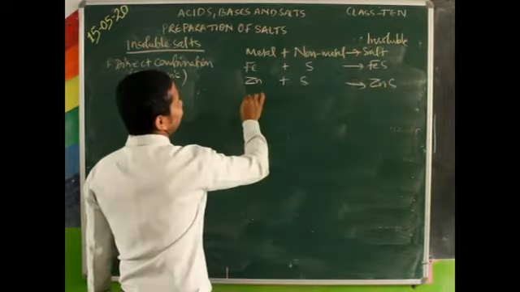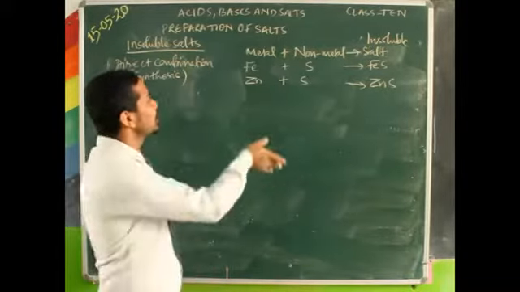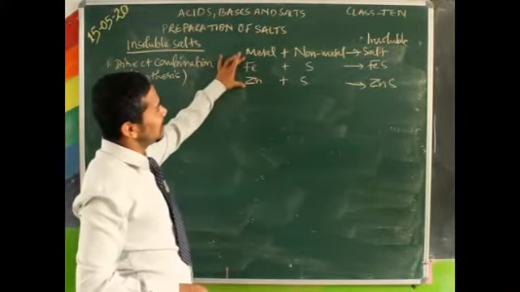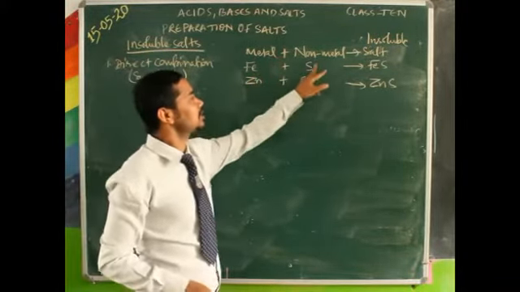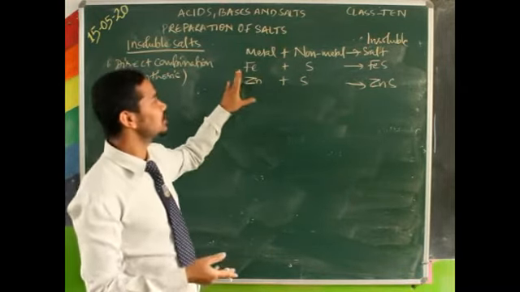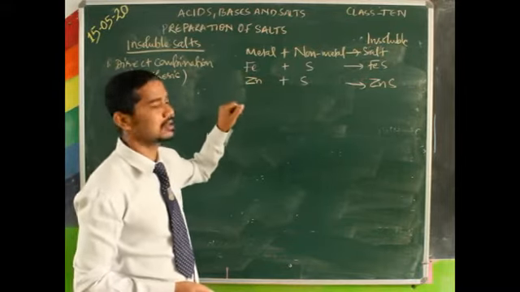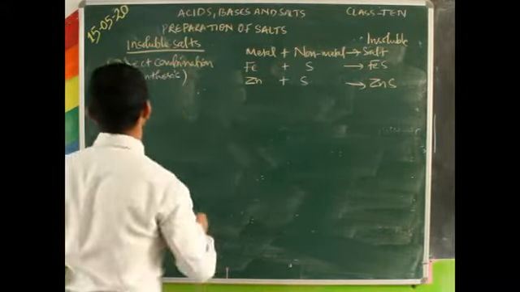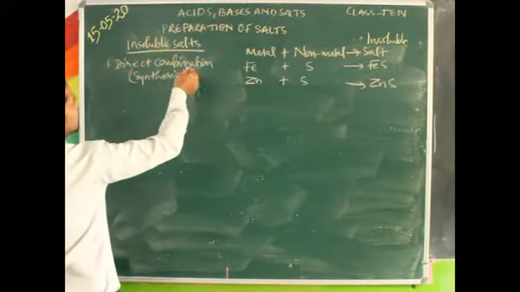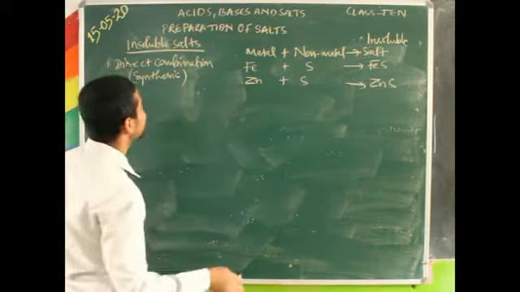But if you take Na plus Cl, then you will get NaCl, which is soluble. So make sure that you take sulfur here and this kind of metals, heavy metals, iron, zinc. Then only you will get insoluble salt. So one way of preparing insoluble salt is by direct combination, that is synthesis, by heating two elements.